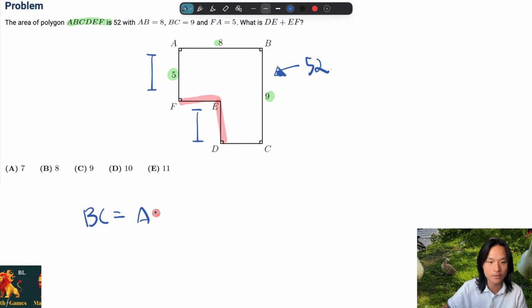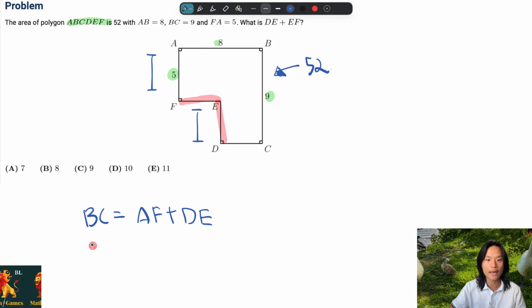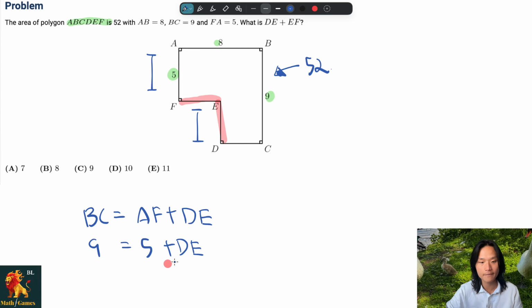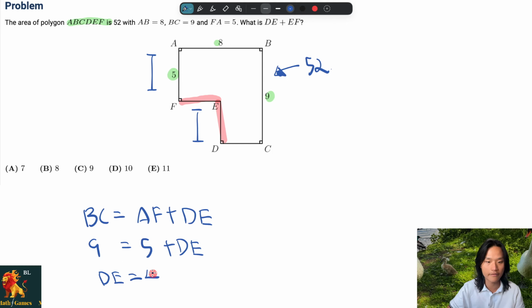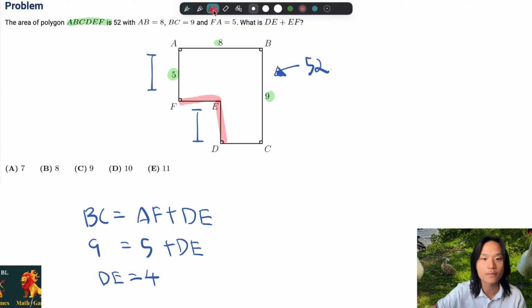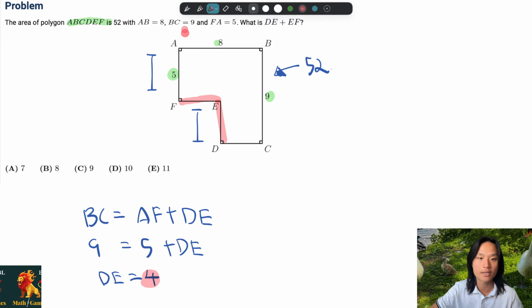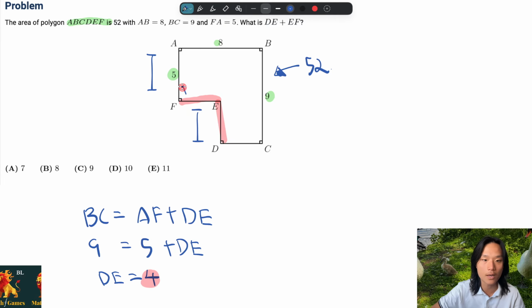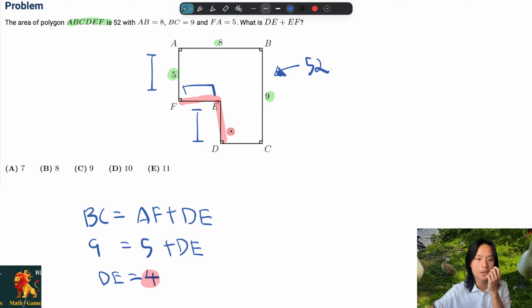The side BC has length 9 and AF has length 5, so 9 equals 5 plus DE, so the length of DE is just 4. That's simple enough to find out. But I think the harder part is figuring out what FE is, okay?